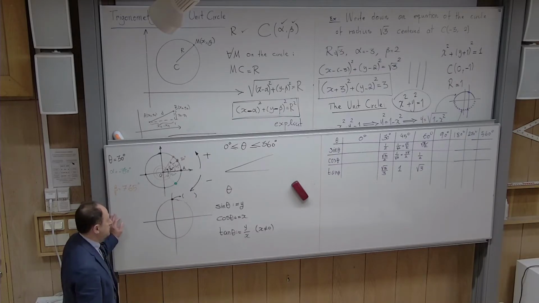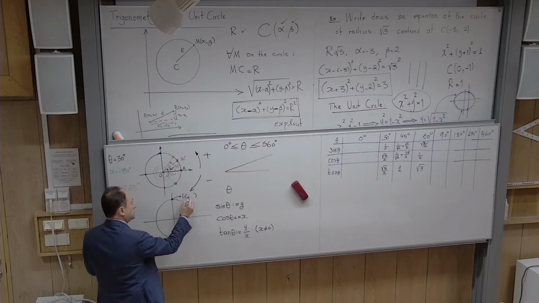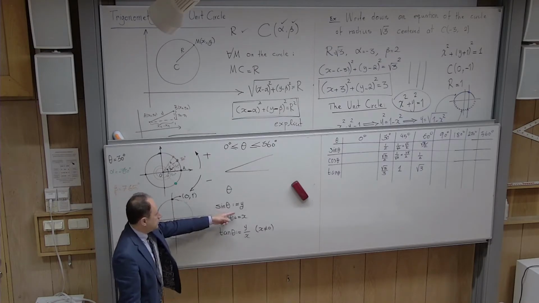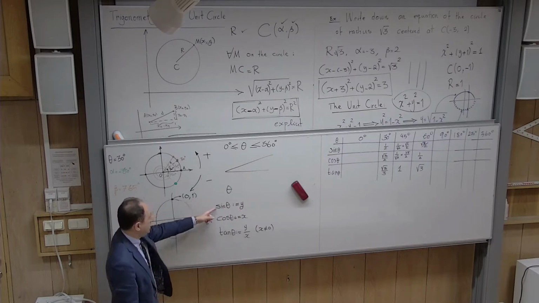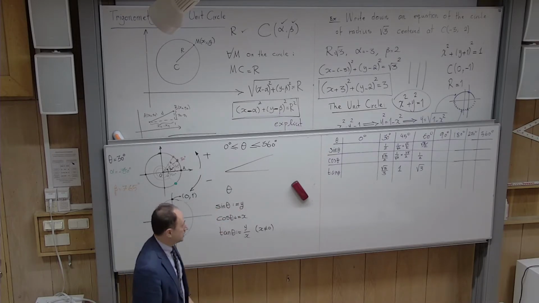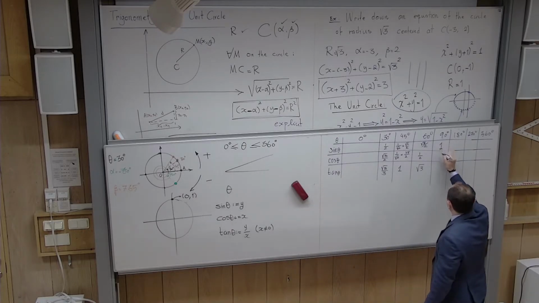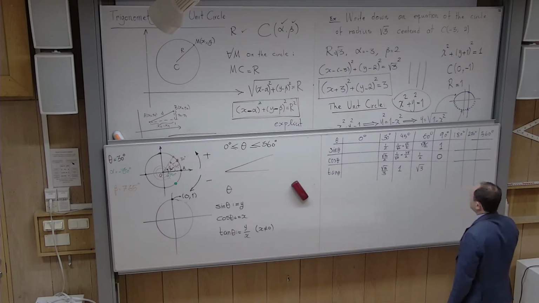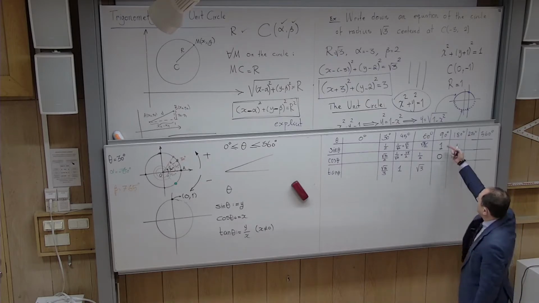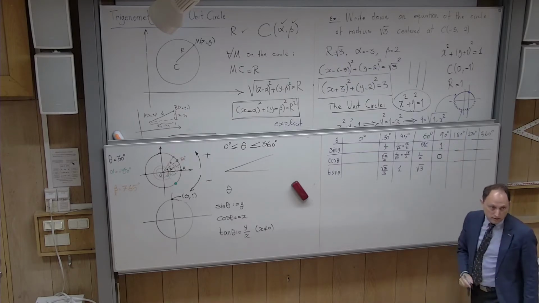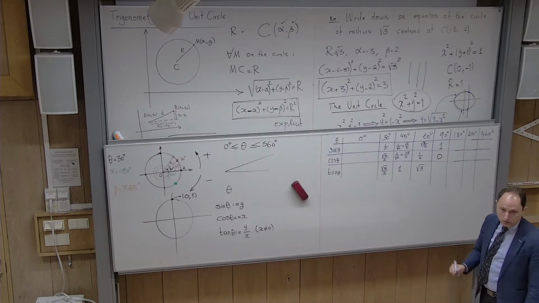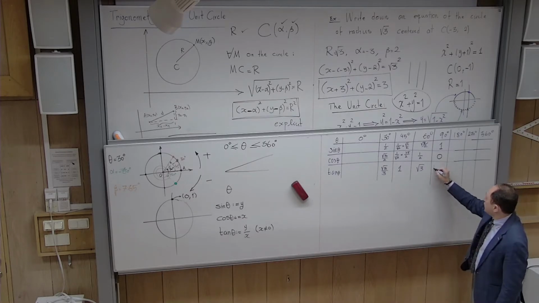So what is that? The x coordinate is 0, the y coordinate is 1. And according to the definition, the y coordinate is sine, the x coordinate is cosine. So the y coordinate, read it, it's 1, and the x coordinate is 0. And then you need to divide this number by that number, which is not possible because x is 0, so it is undefined.